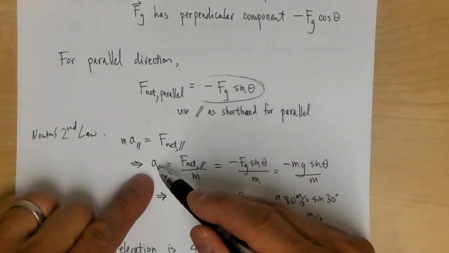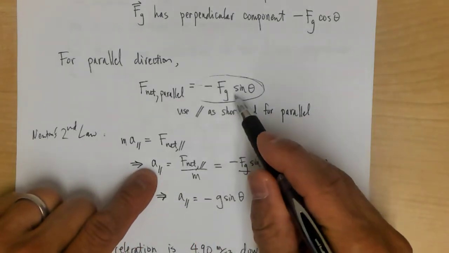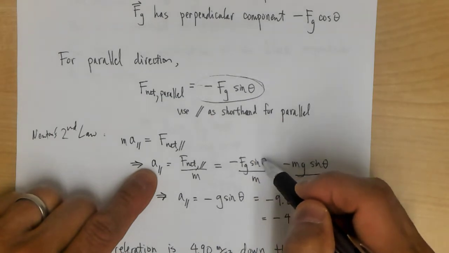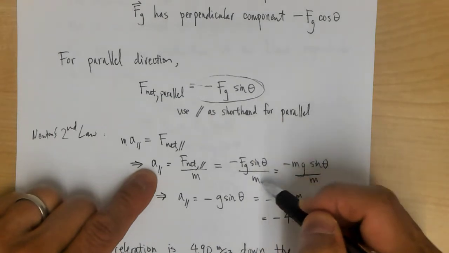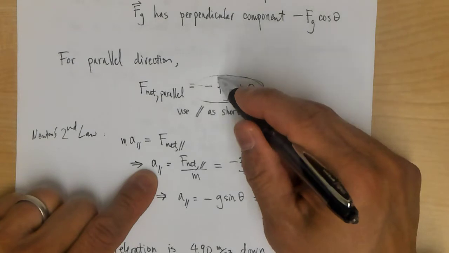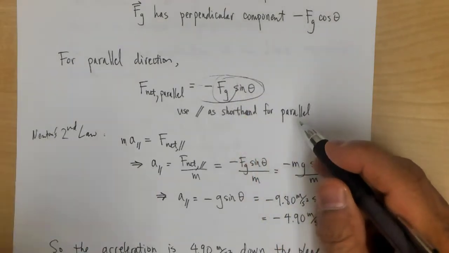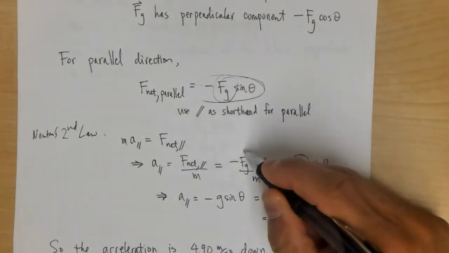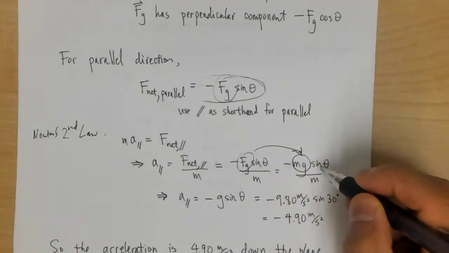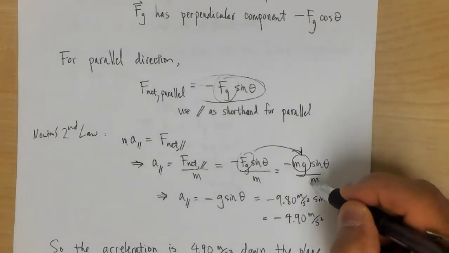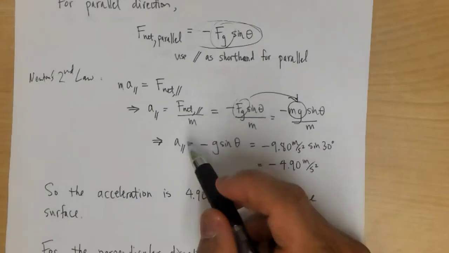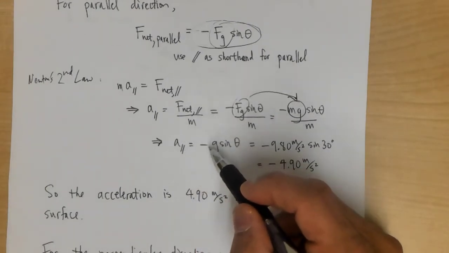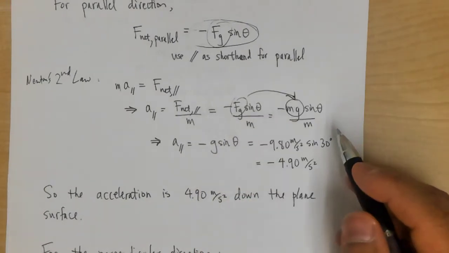So we can solve for the acceleration in the parallel direction. It's negative Fg sine of theta divided by m. Now let's plug in the fact that Fg is the force of gravity, that's m times g. And so I have minus mg sine of theta divided by m. And we get that A parallel is minus g sine of theta.